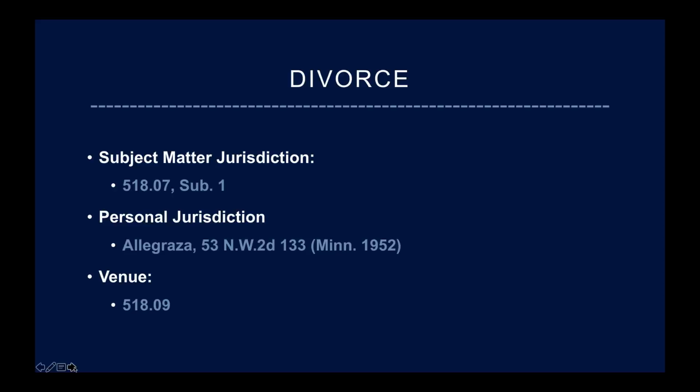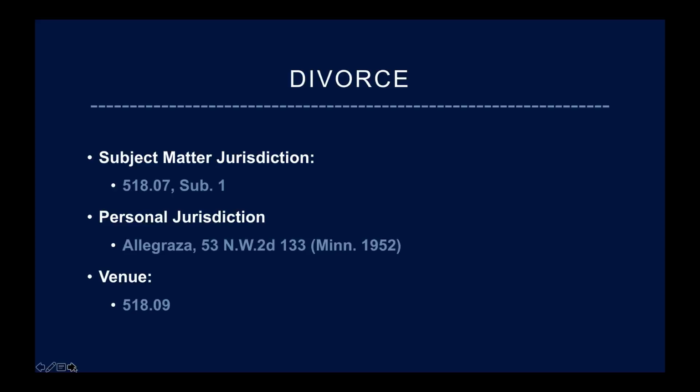But any other issues involved in a divorce in a traditional sense, things like spousal maintenance or a division of assets and debts, the court does have to have actual long-arm jurisdiction to have personal jurisdiction over an out-of-state resident.